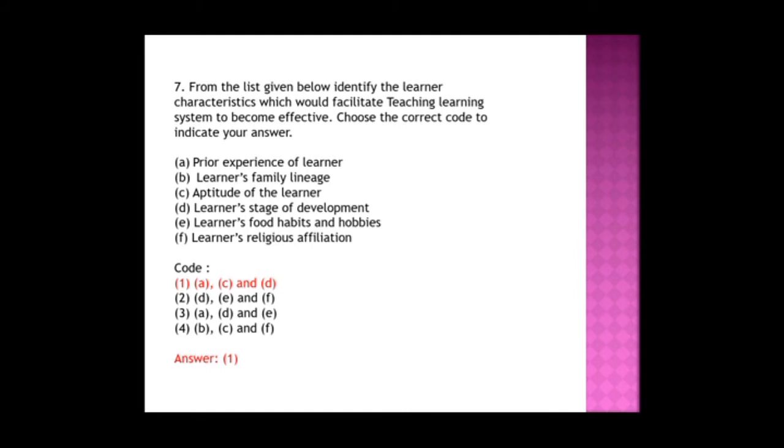And here the correct code is A, C and D. So here the code is the first one, and the answer is A, C and D are the correct code.